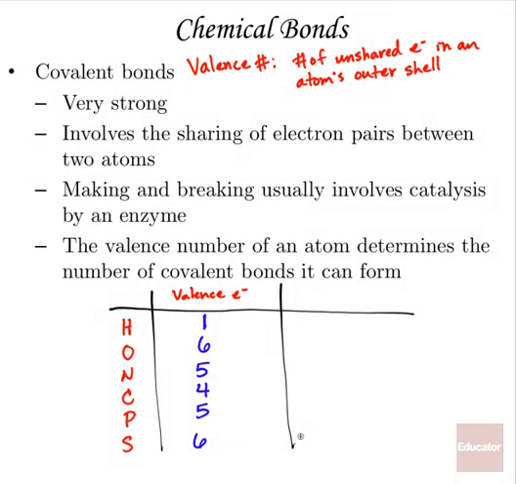So the key here is that all atoms, other than hydrogen, want to have a full octet, meaning a full 8 electrons in their outermost shell. Okay? So, that will determine how many bonds it can make.